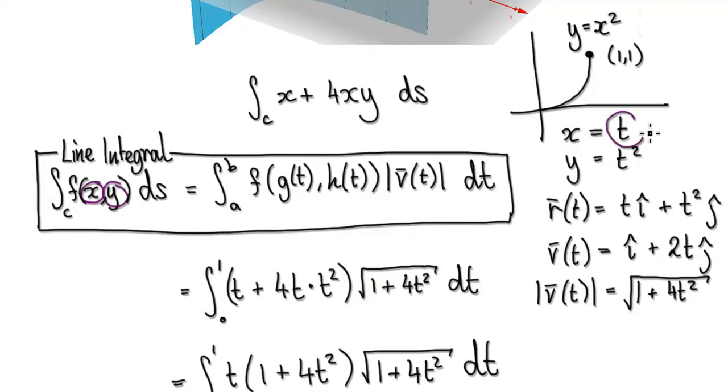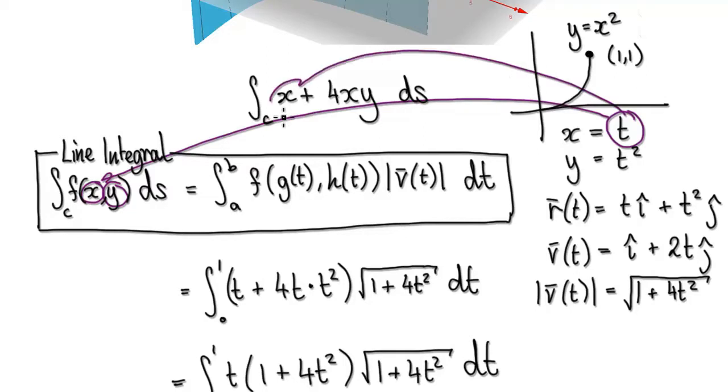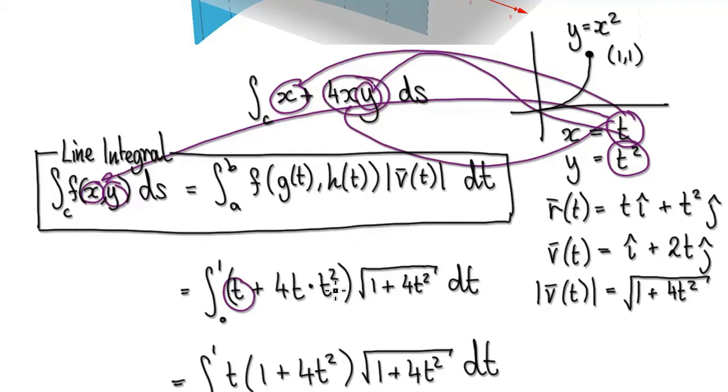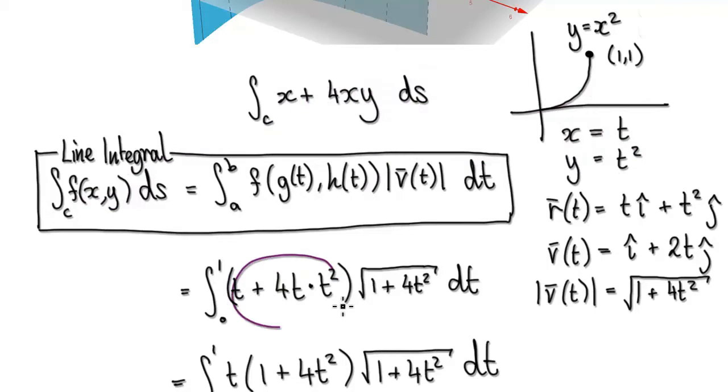The x location is given by this, so we can put this into here, and then we can put this into the y. So this whole thing here will then become this. Tidy this up.